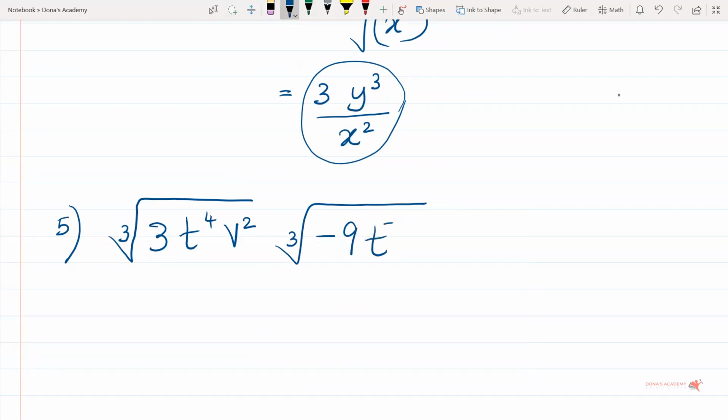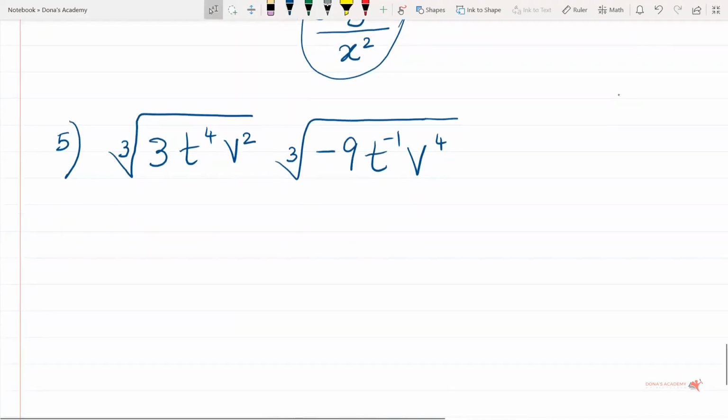T negative 1 v4. All right, now what can we do? Let's get rid of the negative exponents first. Maybe we can combine these three because both are third root, right? First combine them at the same time.